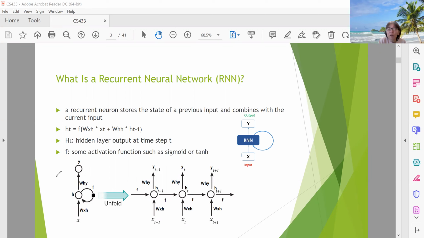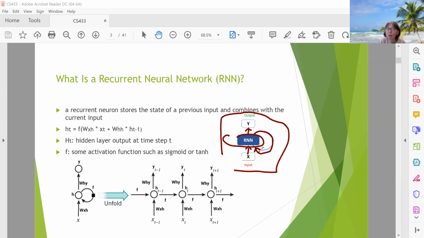In the literature and materials, whenever we draw a recurrent neural network, it's this simplified flow. You have the input, and this is the neuron part, the hidden layer. It's going to be trained, but its output is fed back as the input.